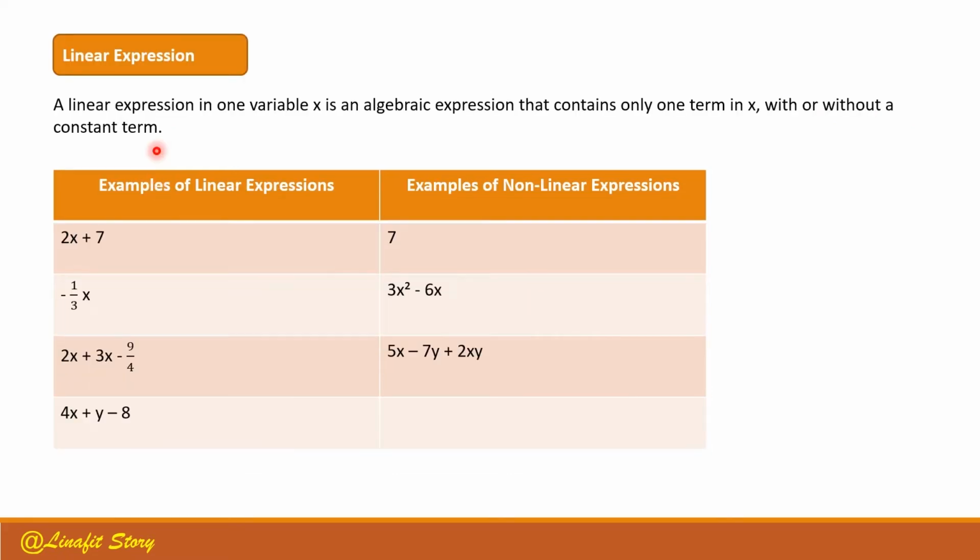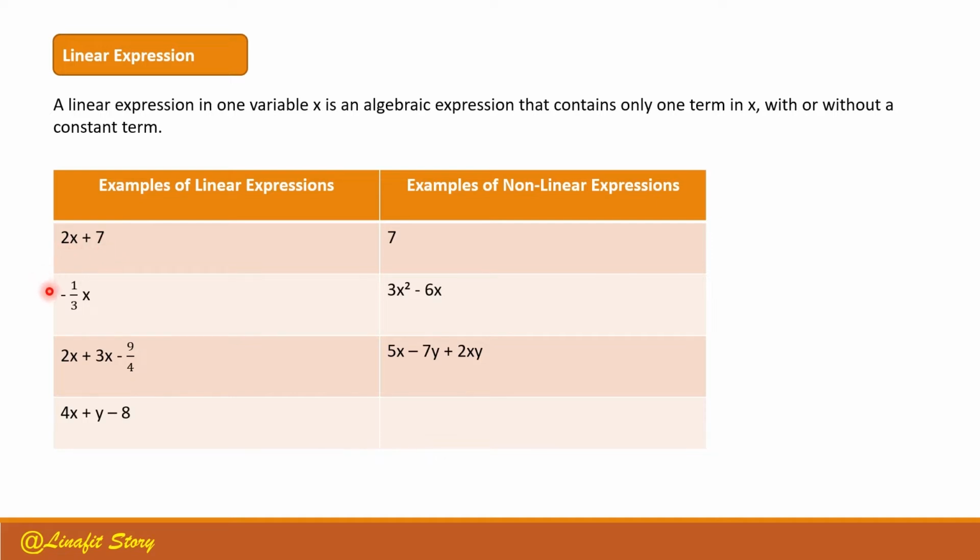A linear expression in one variable x is an algebraic expression that contains only one term in x, with or without a constant term. 2x plus 7 is a linear expression with one term in x and one constant term.